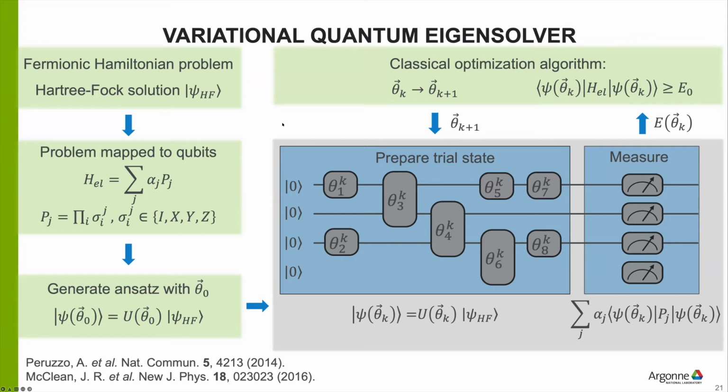Therefore a lot of optimizers really struggle with this optimization in an environment where you're not really sure of your gradient value. There are certain algorithms, like stochastic optimization algorithms, that are better suited for this. But with increasing size of a system, it can become really problematic, especially with noise.